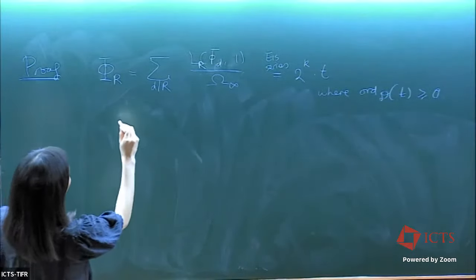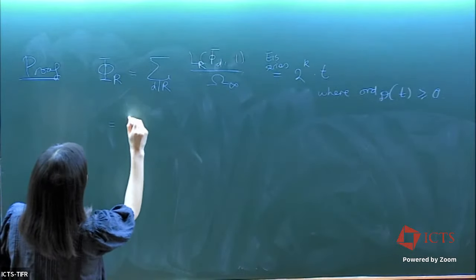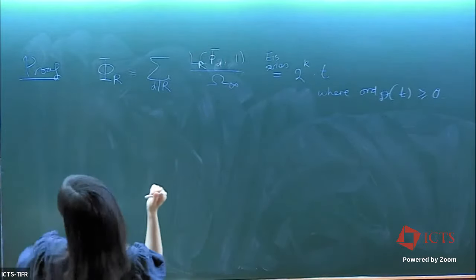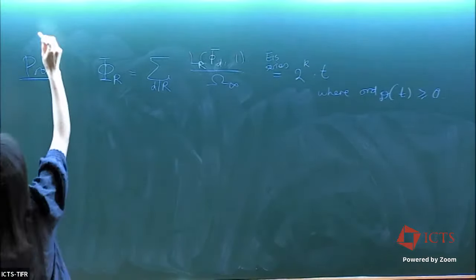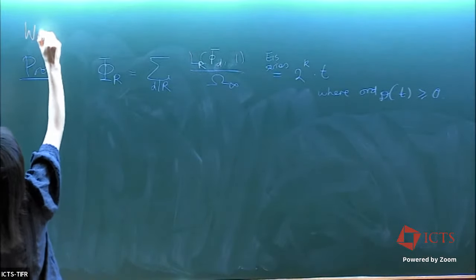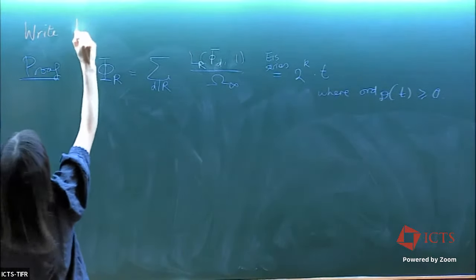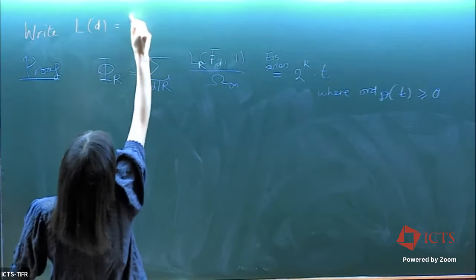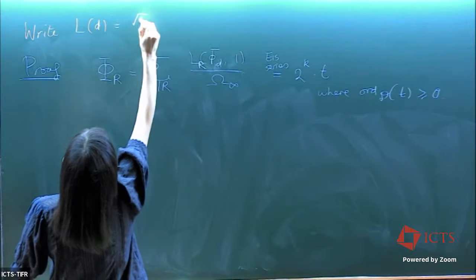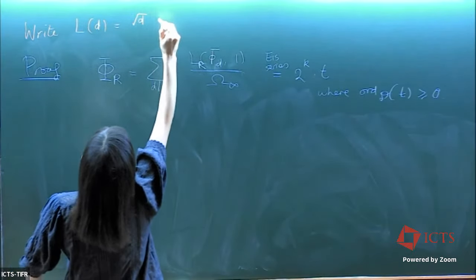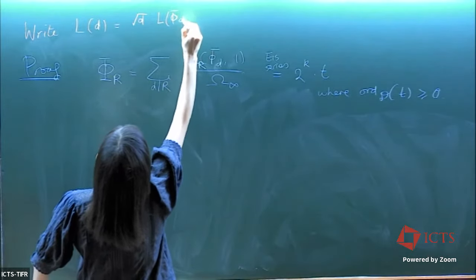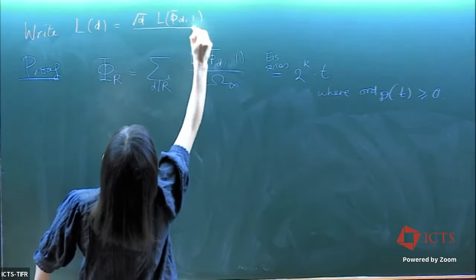But this is also equal to, for ease of notation, let's write L_D to be the square root of D times this.